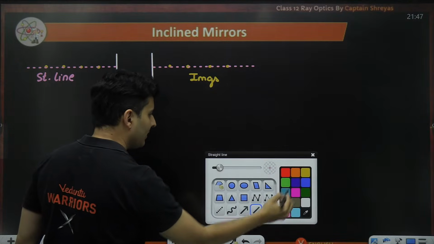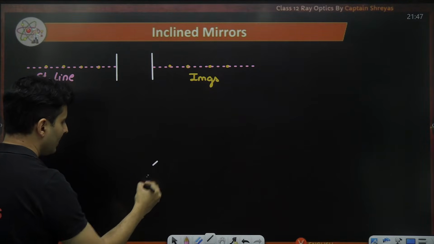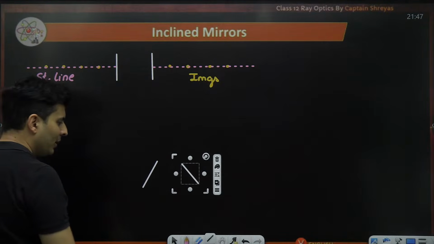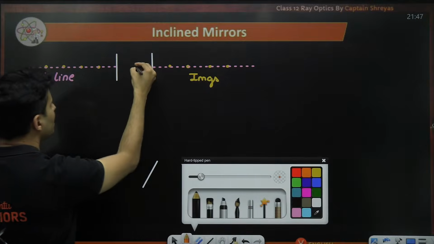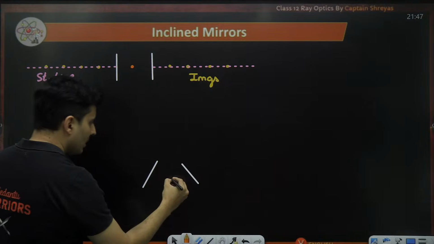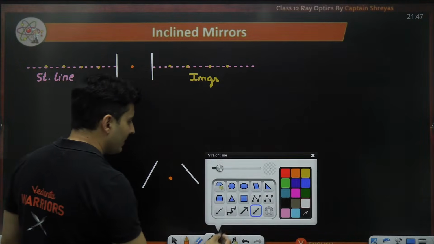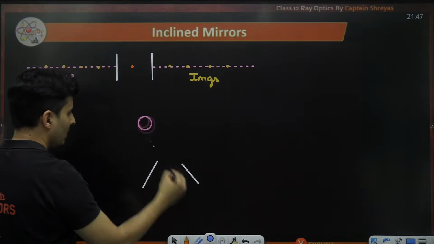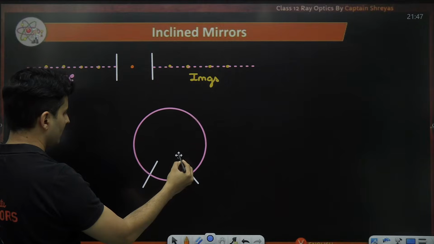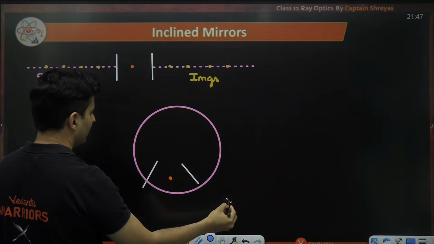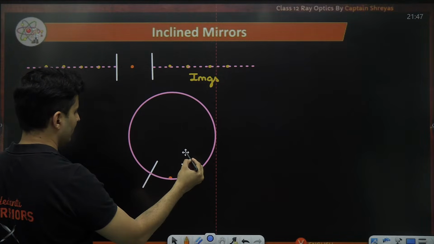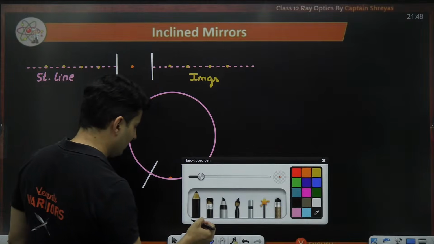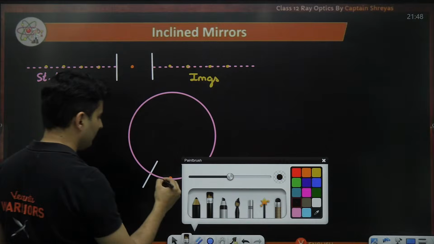The moment you make the mirrors at an angle, remember our object was somewhere here, and this is that object, you will see the images will no longer be in a straight line. Rather, they will be in the form of a circle, something like this. Yes, beautiful, beautiful circle.